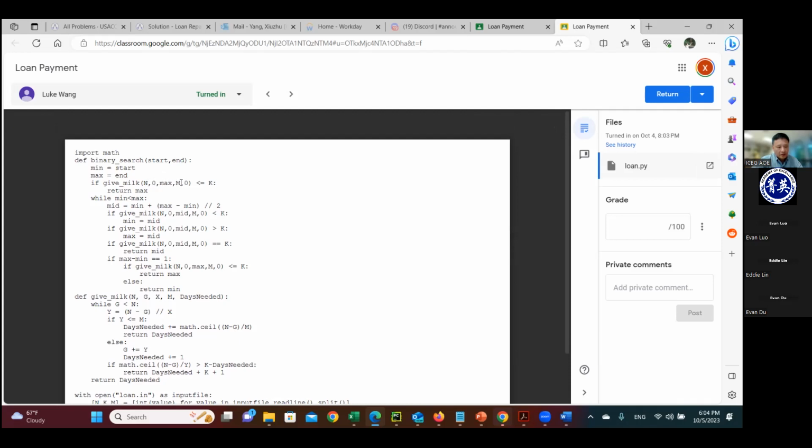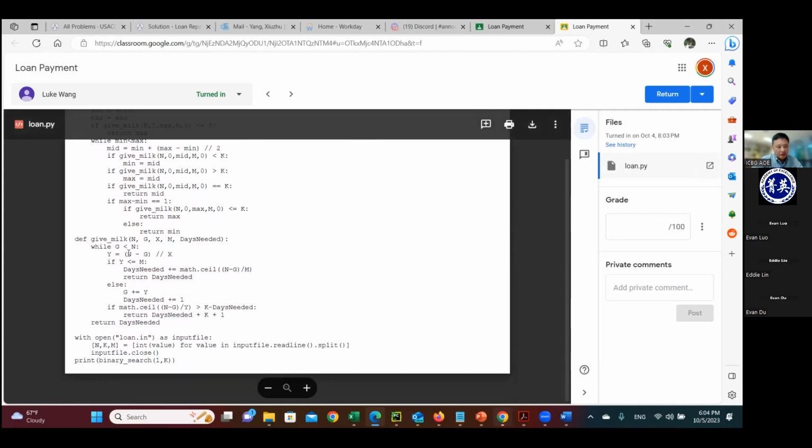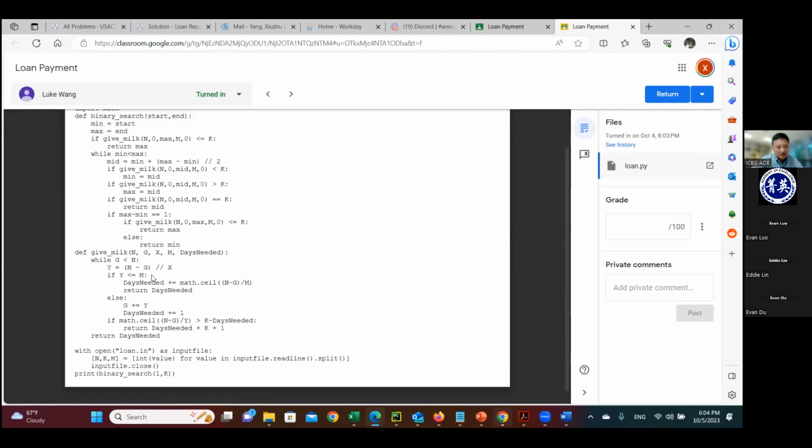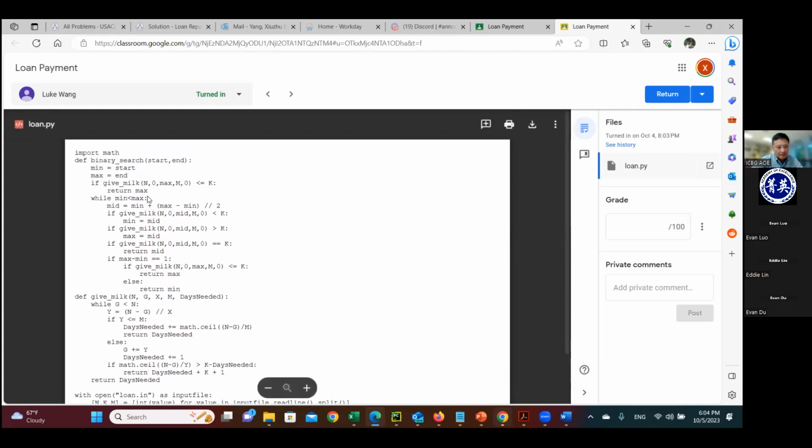So in the very beginning, set it to 0. What does give milk do? While G is less than N. What is G here? Oh, G is the milk that has been given so far. Okay. So N minus G divided by X.